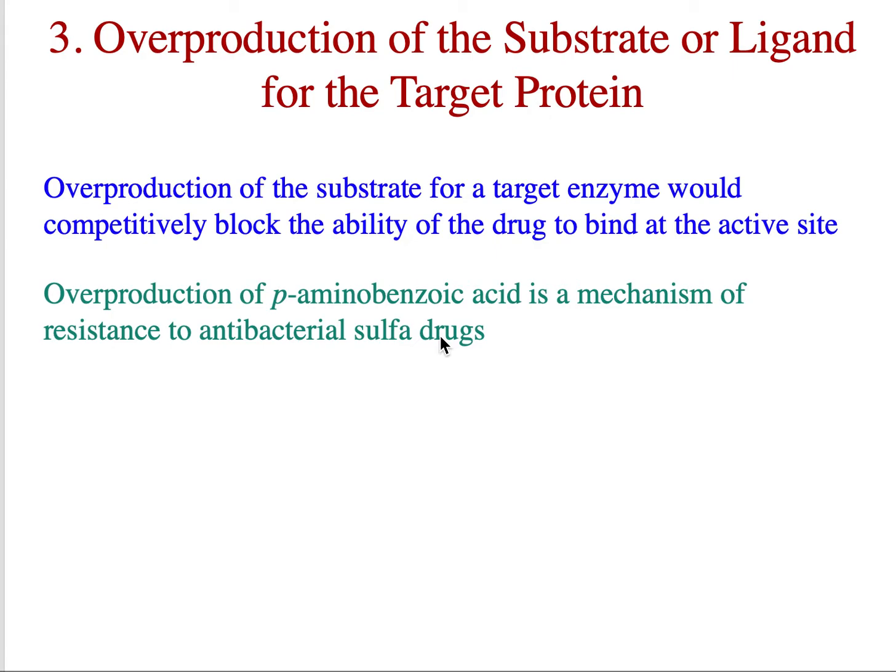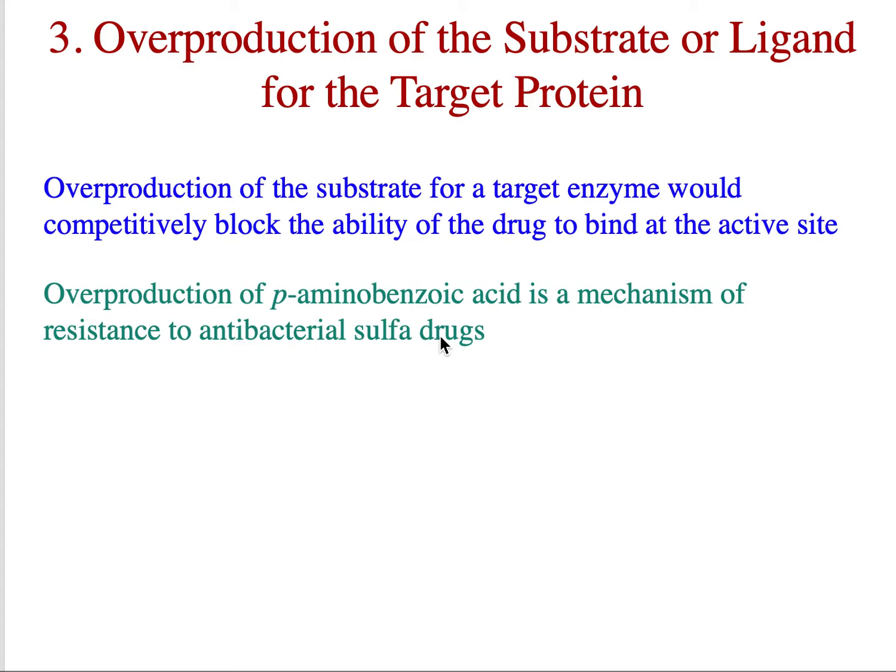Okay, so we are now going to continue where I left off yesterday, talking about some of these drug resistance strategies. Another strategy that we stopped at was the overproduction of the substrate or ligand for the target protein. So basically, let's say you had an inhibitor that you were dosing a patient with.